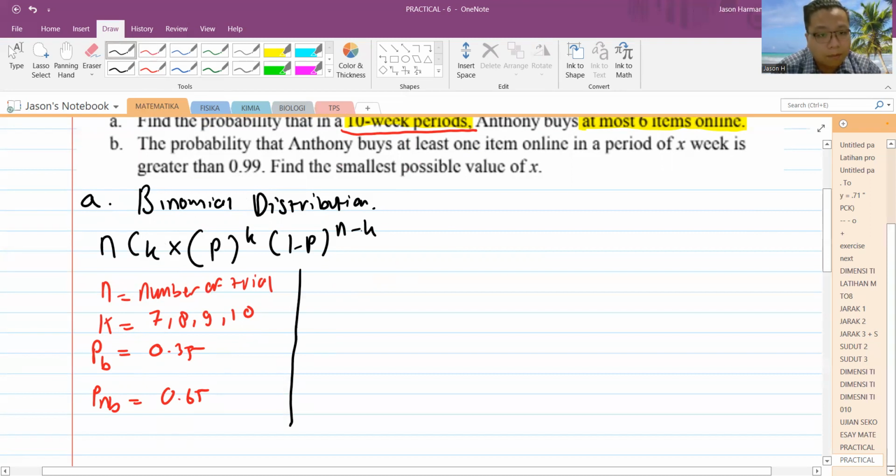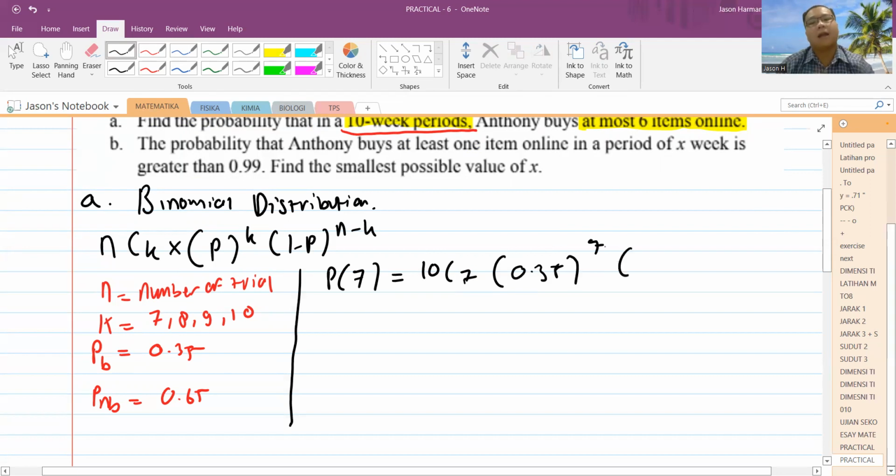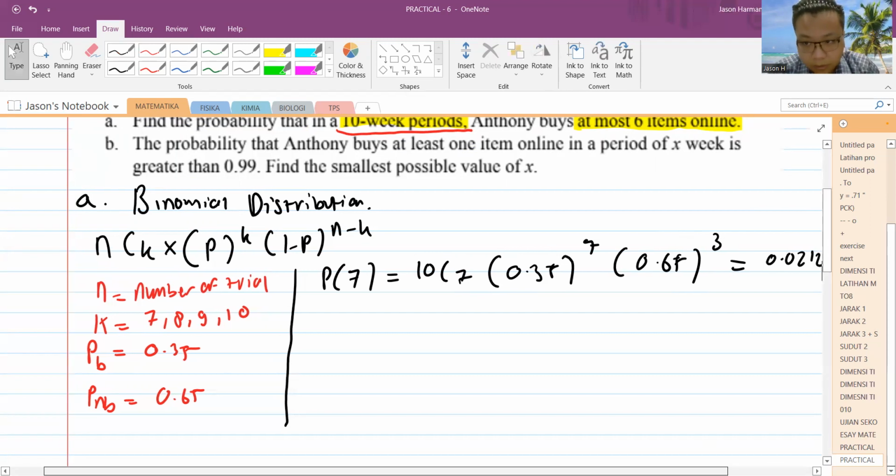So for P of 7, the first one actually will be 10C7 times the successful attempt, in which buying is 0.35 to the power of 7, and you make the not buying probability 0.65 to the power of n minus k, which is 3. And when you calculate, it'll be 0.0212.